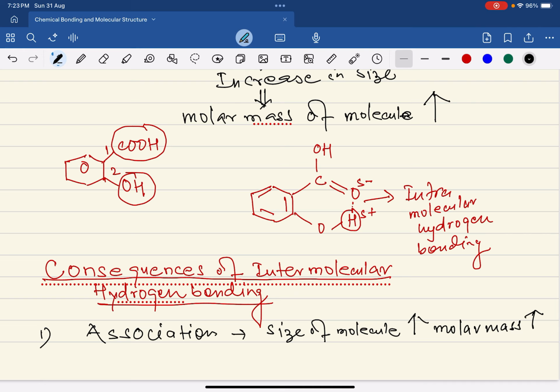When molar mass increases, van der Waals force of attraction also increases.